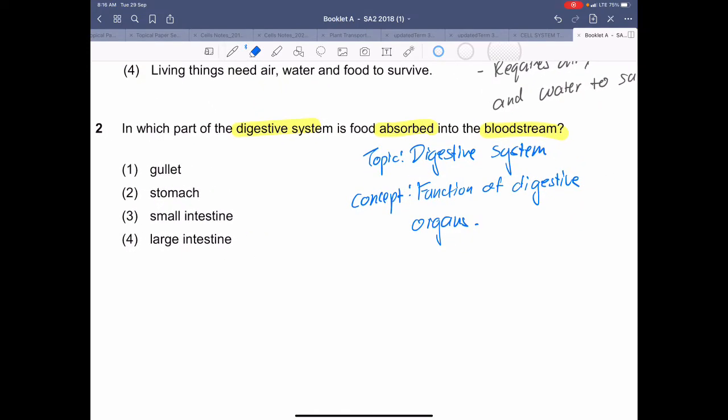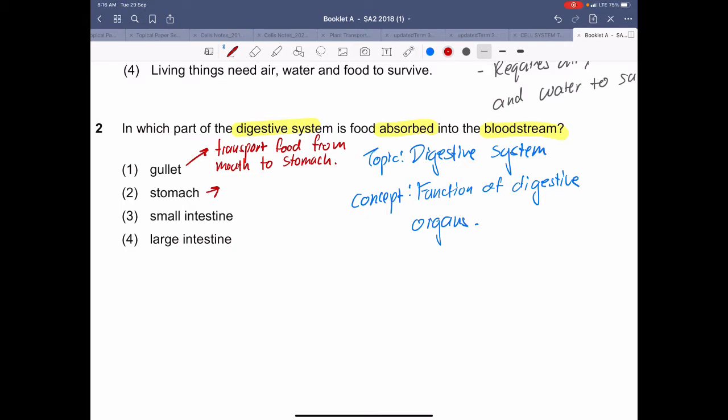I know that gullet, okay, it is about transport, right? Gullet transports food from mouth to stomach. Stomach, I know, has 2 functions.